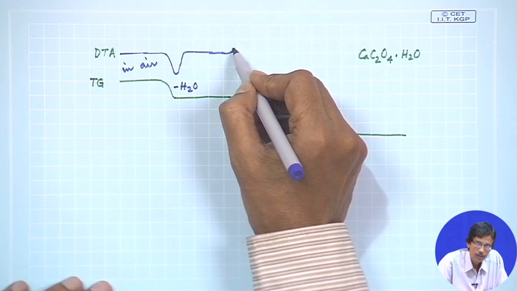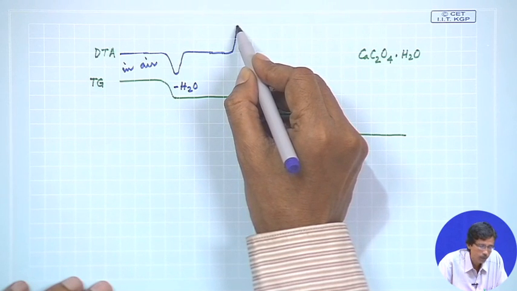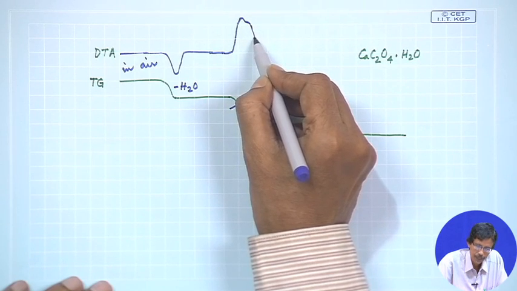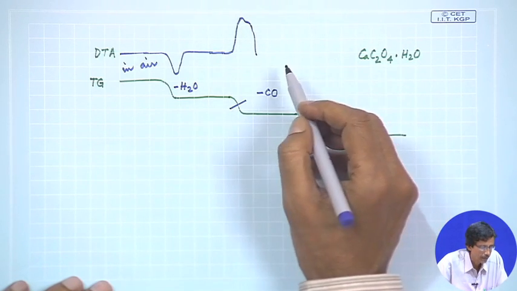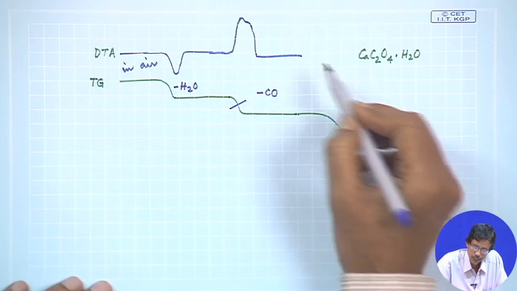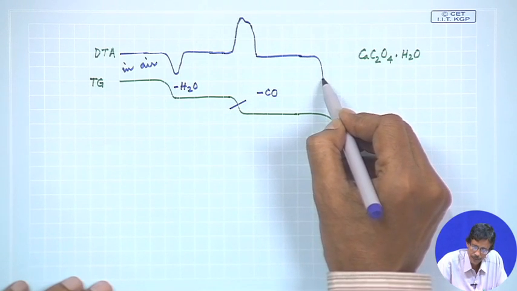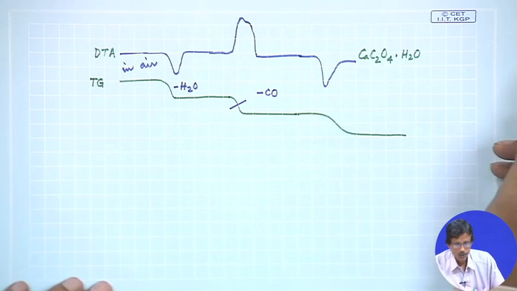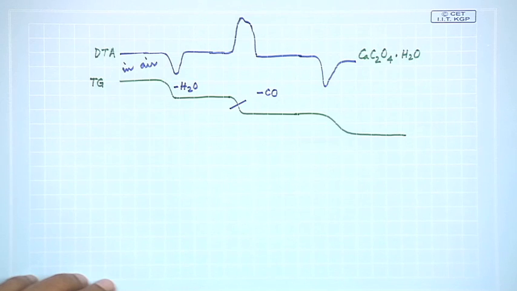So this particular one will go up, and it is not a very symmetrical one, but is like this. Then it moves again, and this one will again give rise to a plot like this. So this is the corresponding DTA plot we get for this measurement.